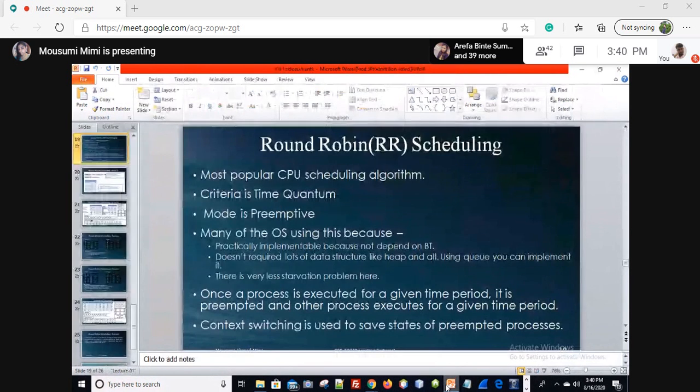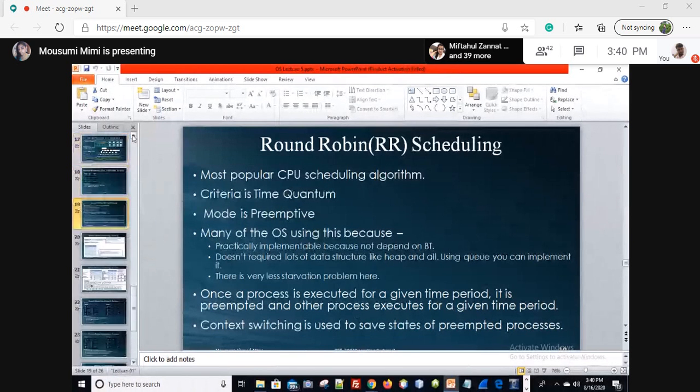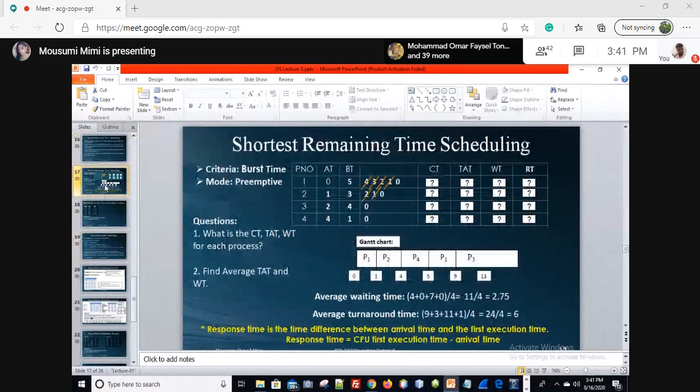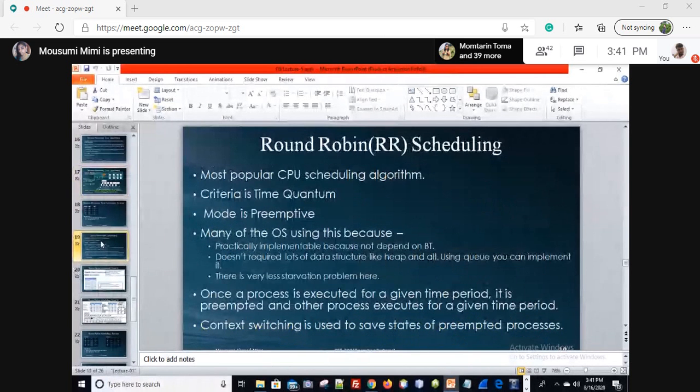This is also preemptive scheduling, and in round robin scheduling there is also suspension. You see the previous algorithm, shortest remaining time, also suspends its work, and when you come to round robin scheduling it also suspends the current process.